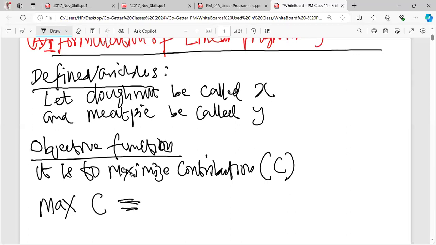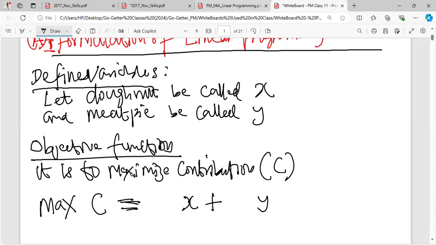Your maximum C will be, you have to either make donuts and you have to make meat pie. You don't know how many donuts to make and how many meat pie to make, but you need to make enough meat pie and donuts to maximize your contribution.